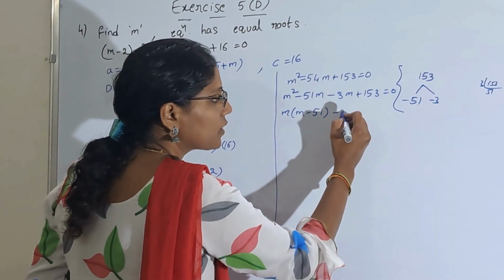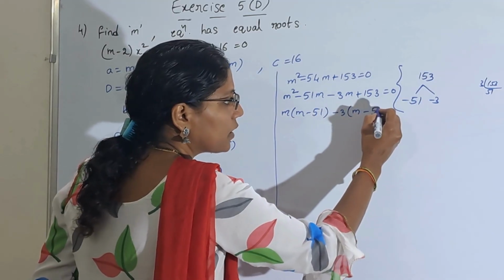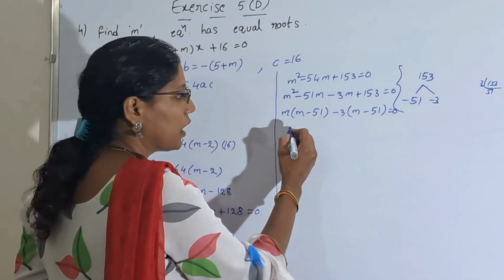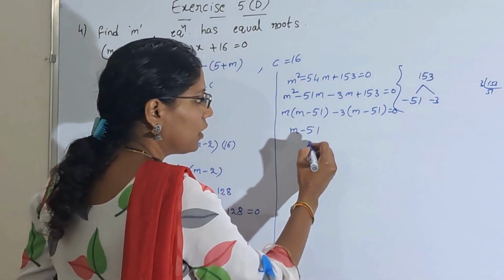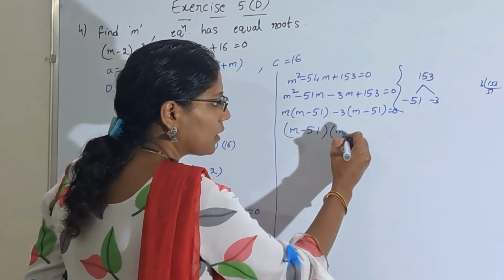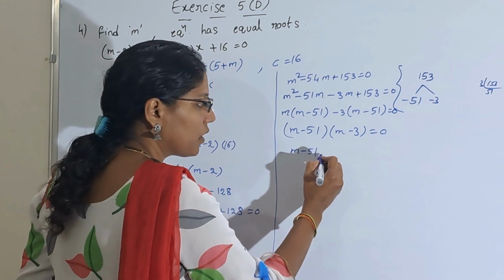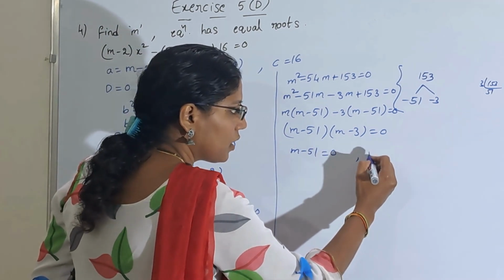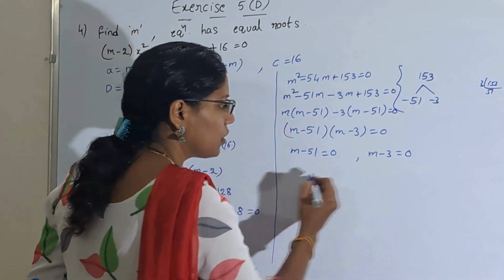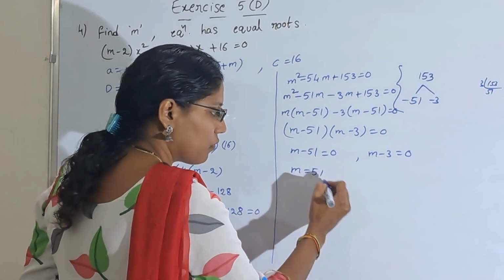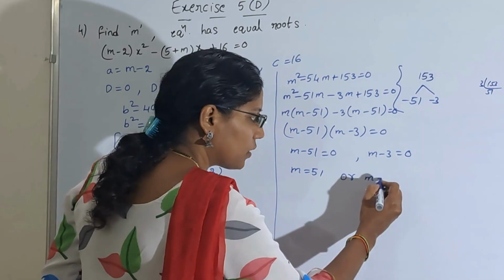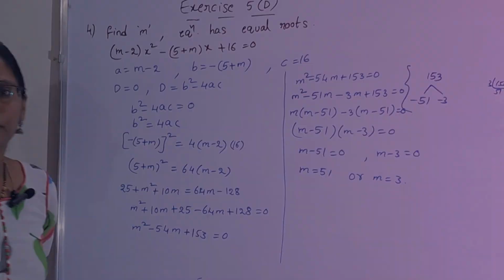Next two terms, -3 is the common: -3(m - 51) = 0. Here (m - 51)(m - 3) = 0. So m - 51 = 0 or m - 3 = 0. m is equal to 51 or m is equal to 3 we will get.